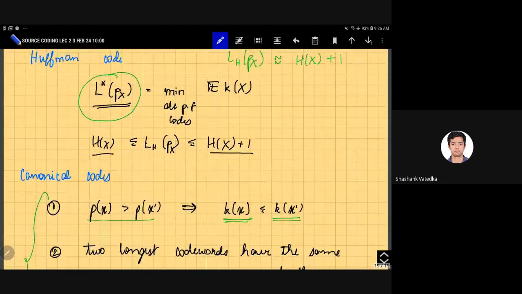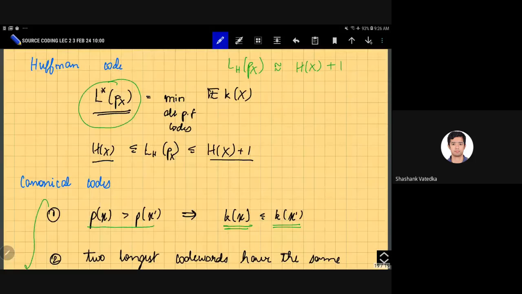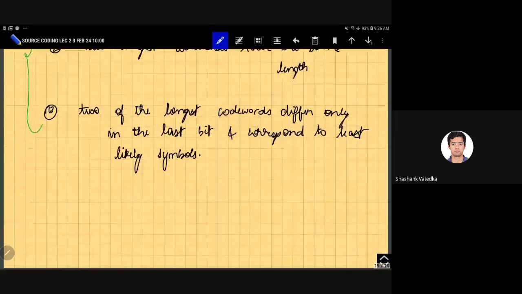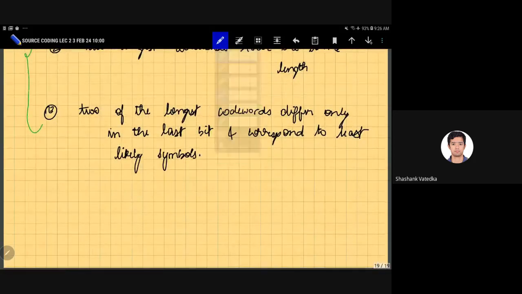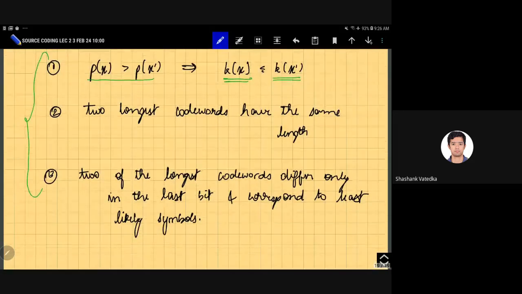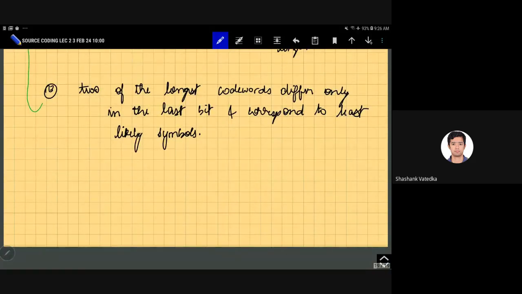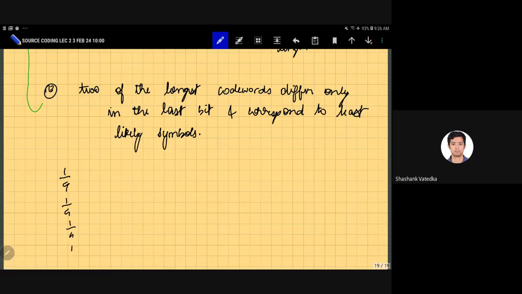Now, certainly, a canonical code need not be optimal because I can always choose a canonical code in a rather dumb manner. It has to be a prefix-free code which satisfies these three properties. So let's say, for example, I have 4 symbols, all occurring with probability 1/4.